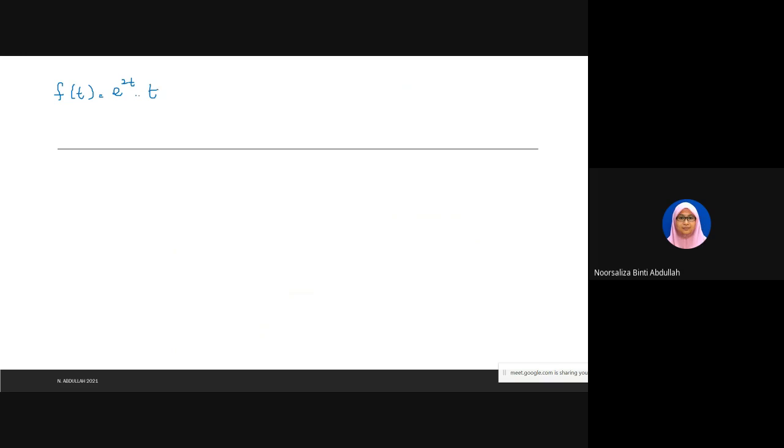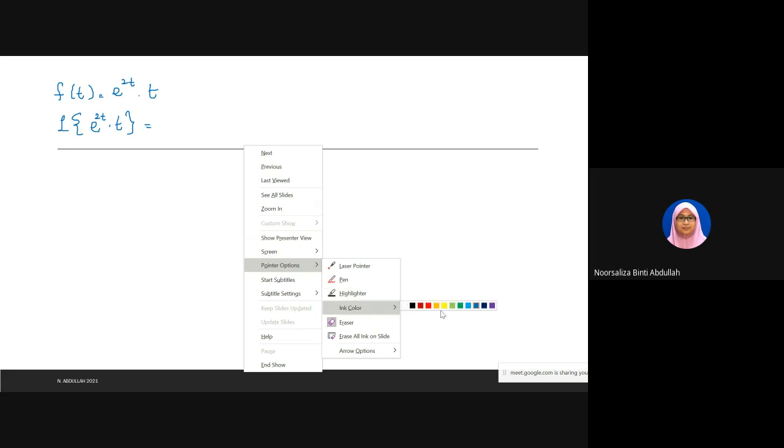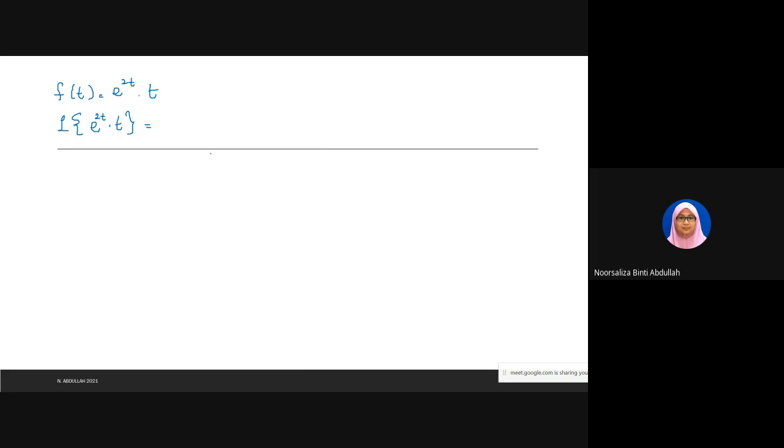If you want to use the first shift theorem, it's actually Laplace of e to the power of at times t.